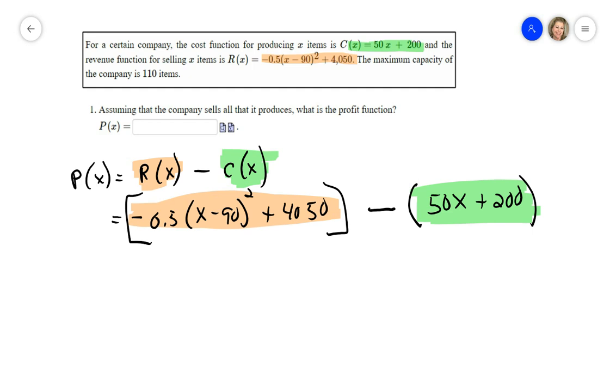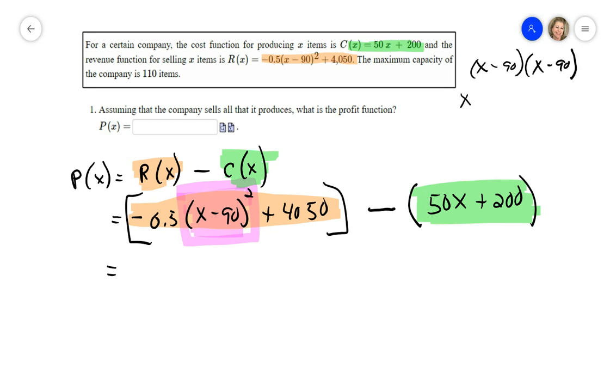Now, to simplify this, I'm going to take a couple of steps. If you start inside the brackets, there's a set of parentheses with an exponent on them. So you're actually going to start with this right here, the (x minus 90) squared. So I'll do that up here in the upper right hand corner. If I have an x minus 90 times another x minus 90, I'm going to FOIL that.